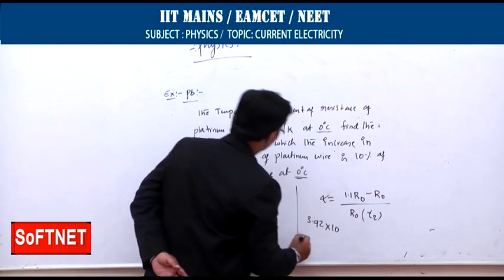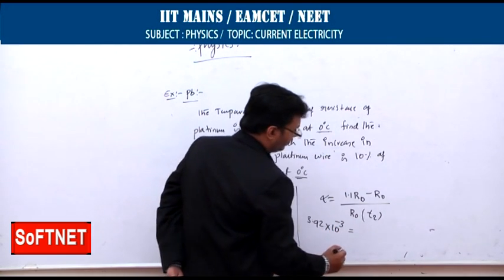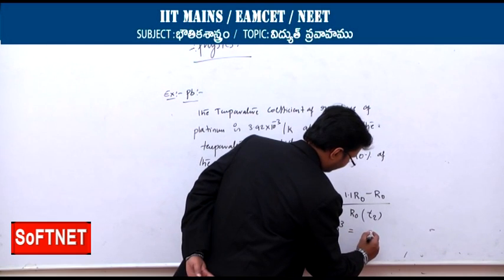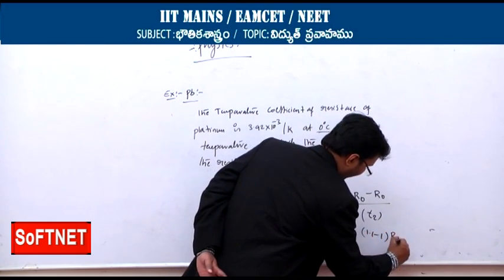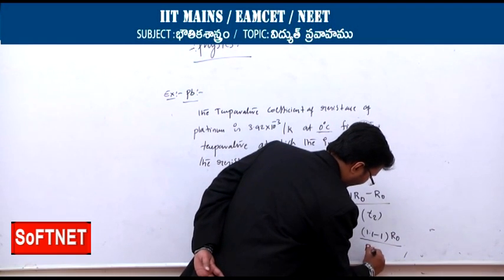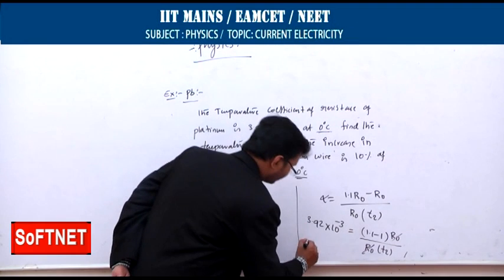Now the alpha value is given, 3.92 into 10 to the power of minus 3, which is equal to (1.1 R naught minus R naught) by R naught of T2. So (1.1 minus 1) into R naught by R naught of T2. R naught cancels.